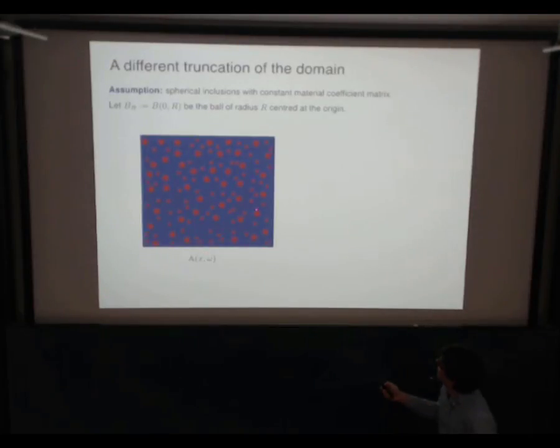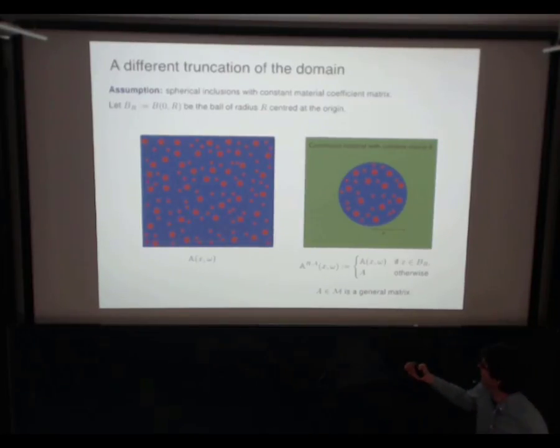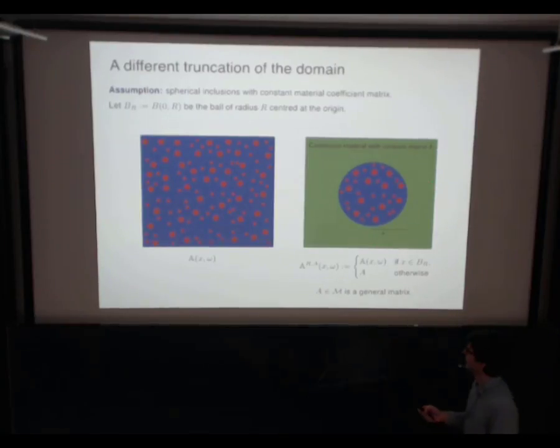Now, it's hardly seeable, but here is this ball of radius R. And what we do is we take this, we copy it here, but then we embed it in an infinite continuous media with some material that is characterized by a constant matrix A. Okay? So this A_R, whenever x is in the ball, is the original field. Otherwise, we take an arbitrary symmetric positive matrix A to complement. Okay? That's the first ansatz and ingredient.